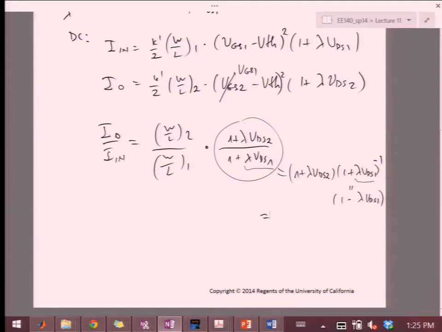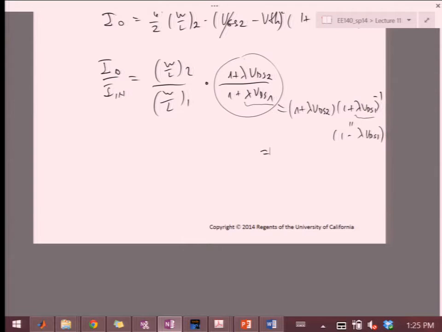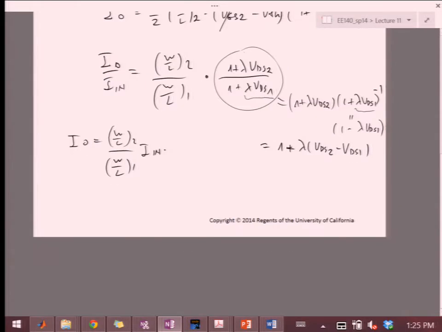And then when I multiply, I'll just get rid of the second order term, which is lambda squared, because that's too small. So I will get 1 plus lambda times VDS2 minus VDS1. Okay, so my I out equals W over L2 over W over L1 times I in times 1 plus lambda times VDS2 minus VDS1.